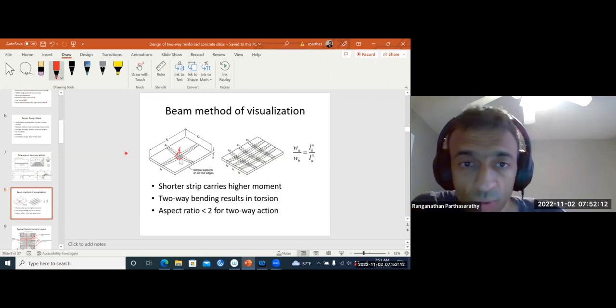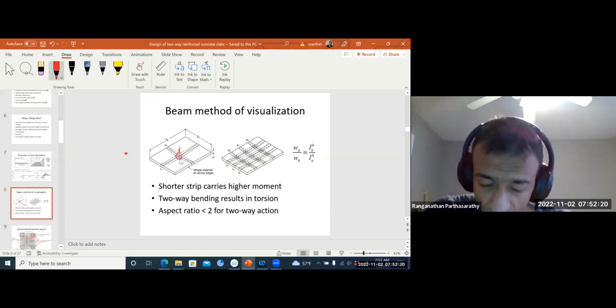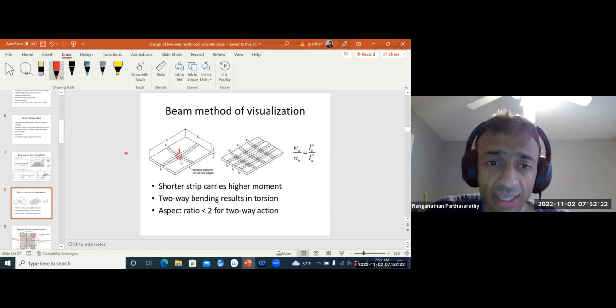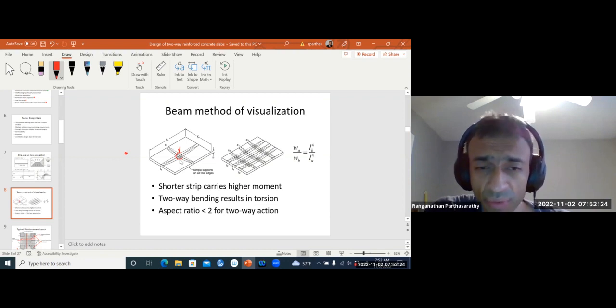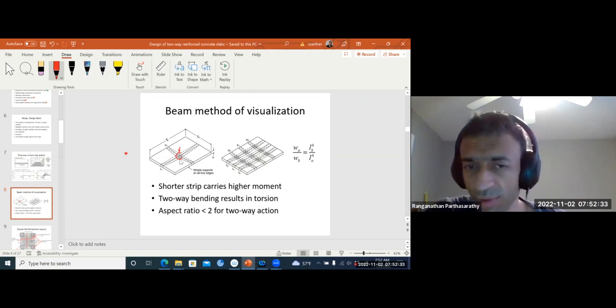So how will the loads distribute? Let's say that we are applying a point load at that particular location. How will this point load get distributed between S1 and L1? One thing you can imagine is that the downward deflection is the same for both.